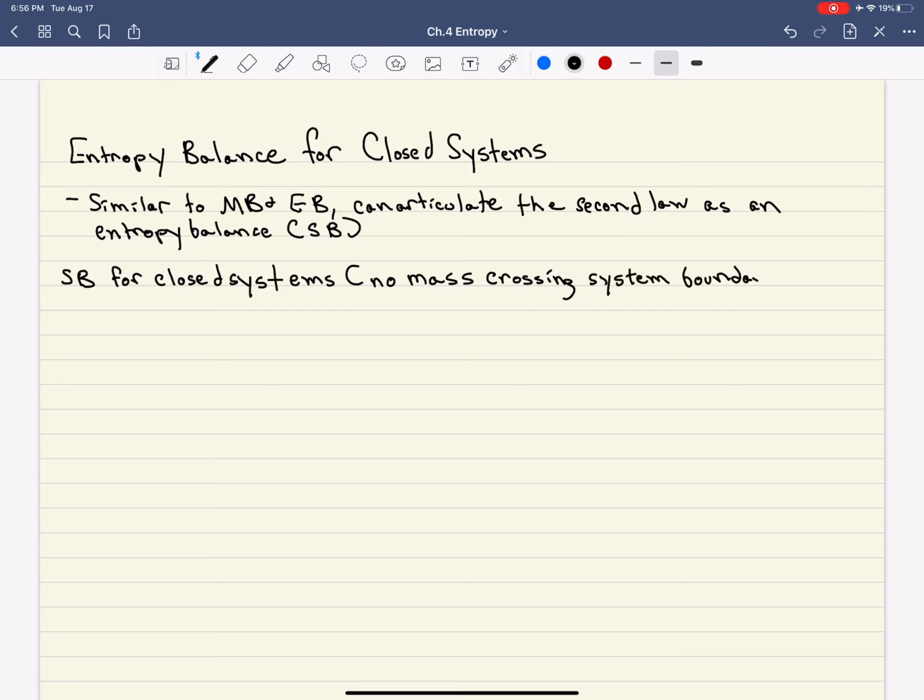Similar to the energy balance, we could write the entropy balance for a closed system in two different formats. The first format is the rate format.